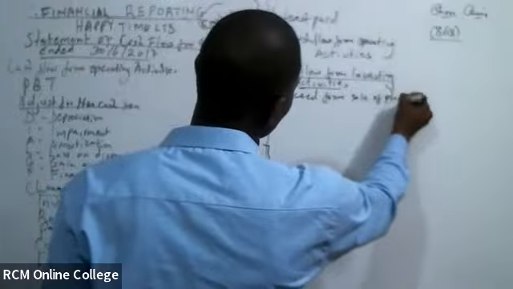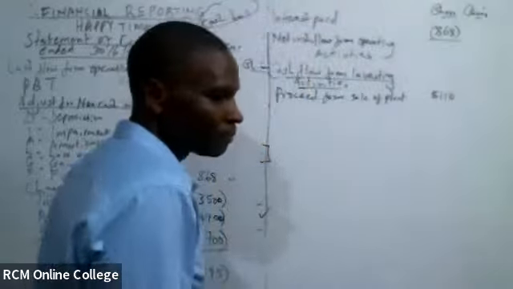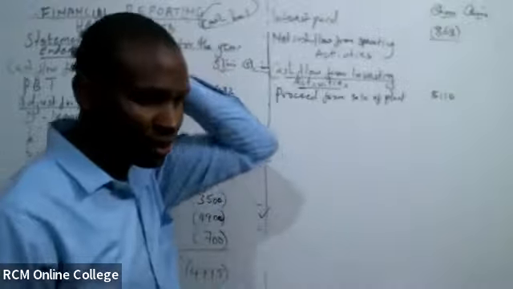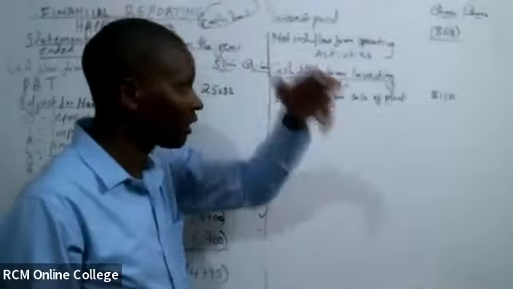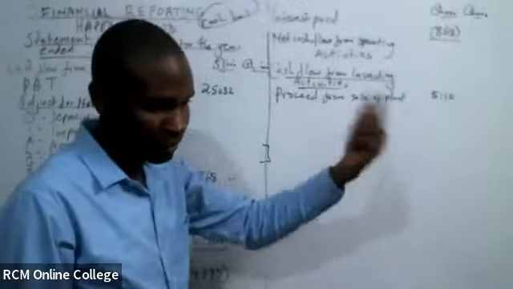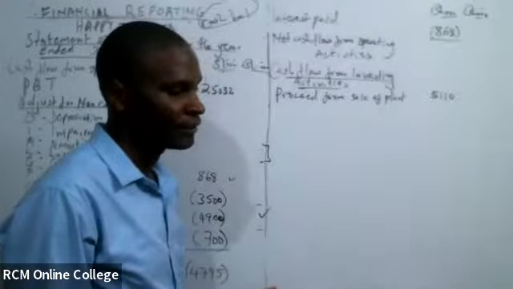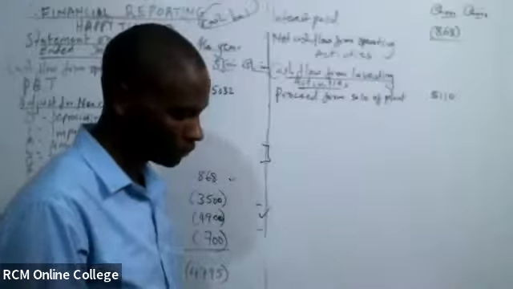It is 51,10. Is it an inflow or outflow? It is an inflow. This money that came in, we sold. We got the money. Asante. Good.